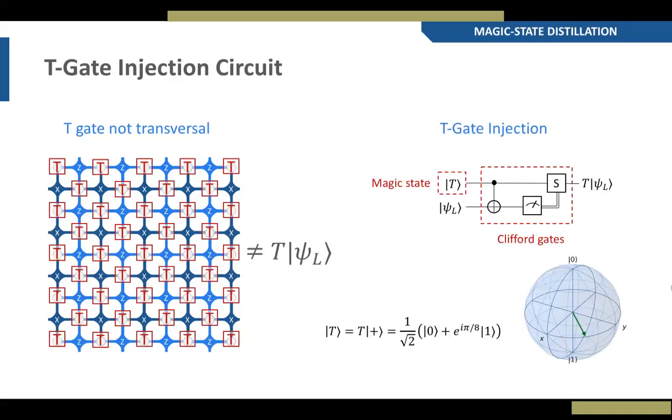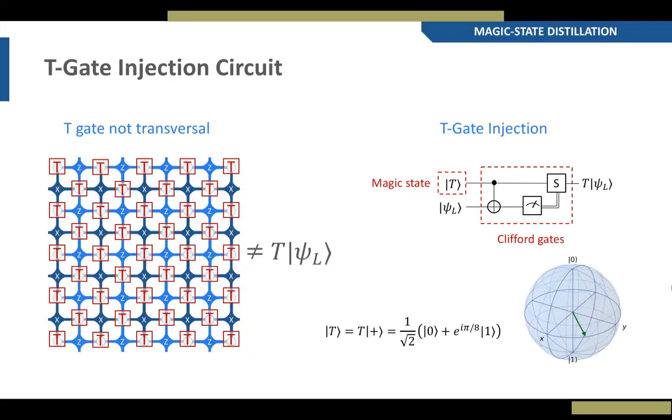It turns out there is another way of doing this by only applying Clifford gates. In particular, the circuit on the right-hand side shows what we call the T gate injection circuit, and it involves a set of Clifford gates, in particular a CNOT interaction between two qubits, a measurement, and a post-corrective Clifford correction.